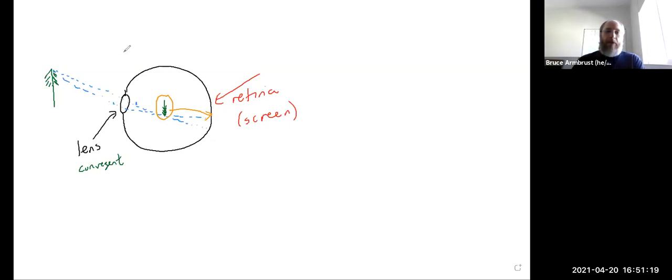And as we saw from that formula, 1 over DO plus 1 over DI equals 1 over F, assume the DO is fixed, the tree is out there whatever distance. But if we fiddle with this focal length, we're going to get different numbers for our DI. And so the muscles in your eye adjust to bring that image back here.